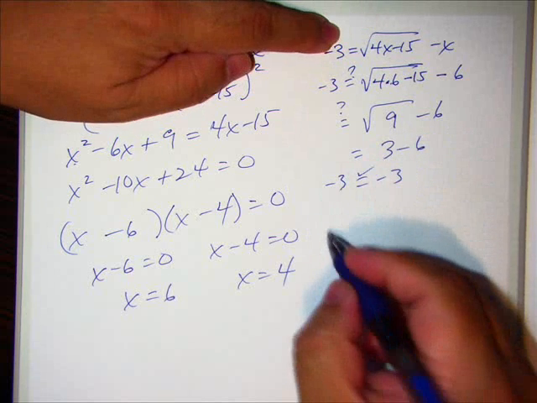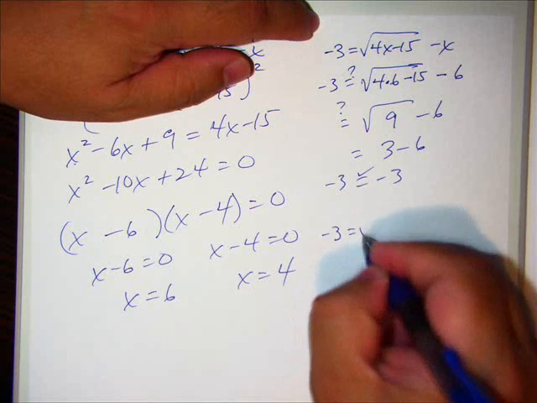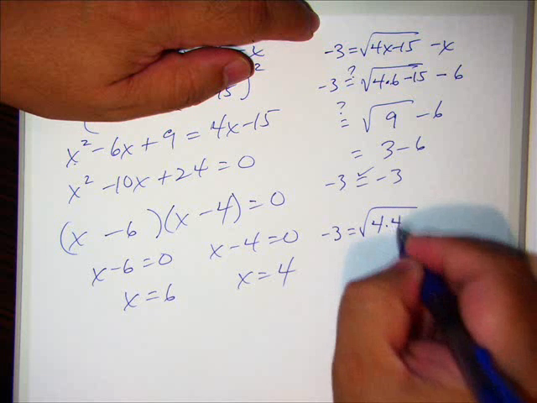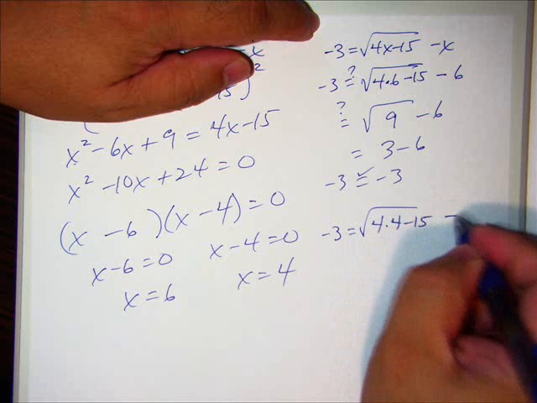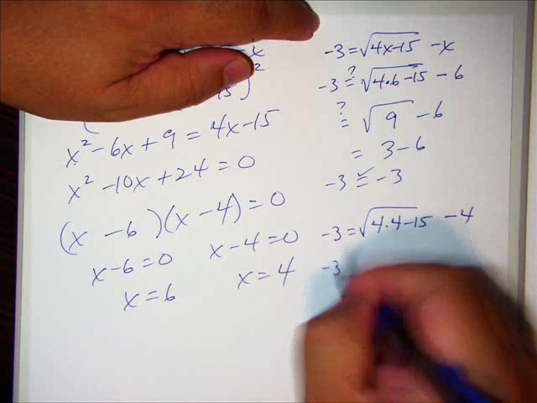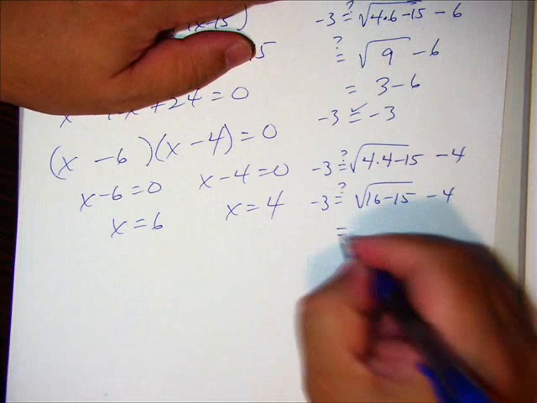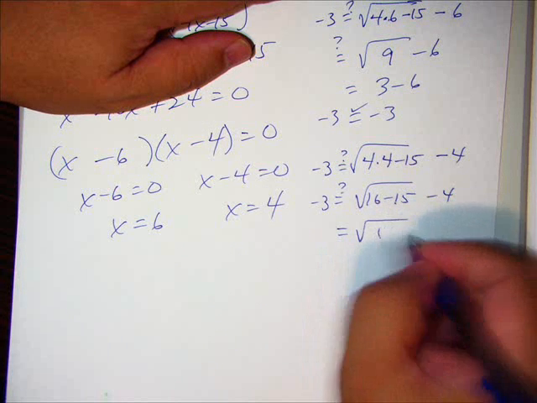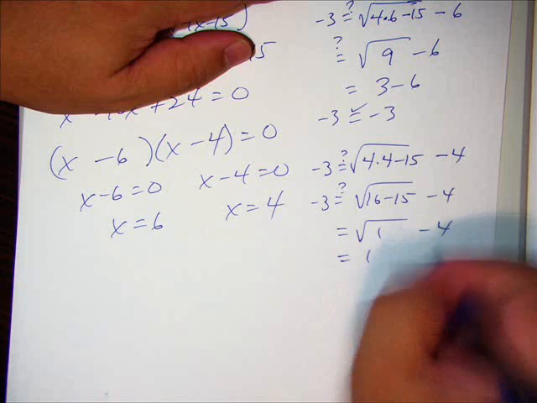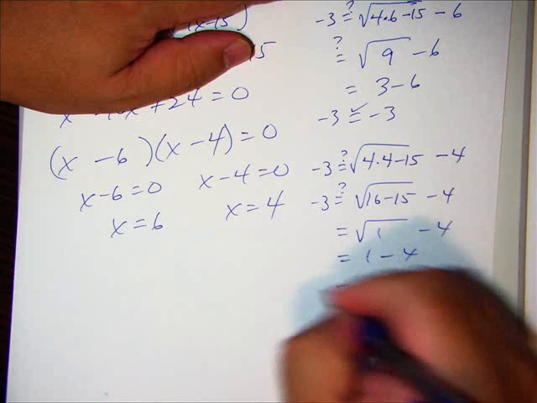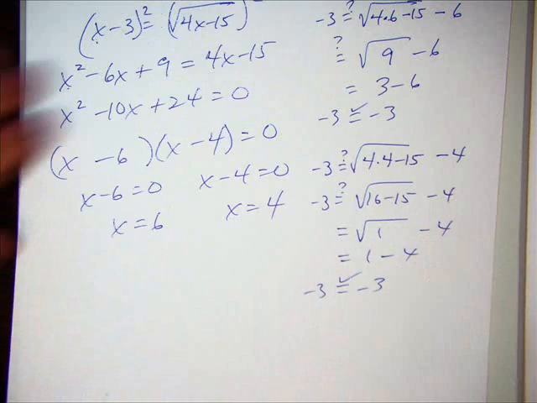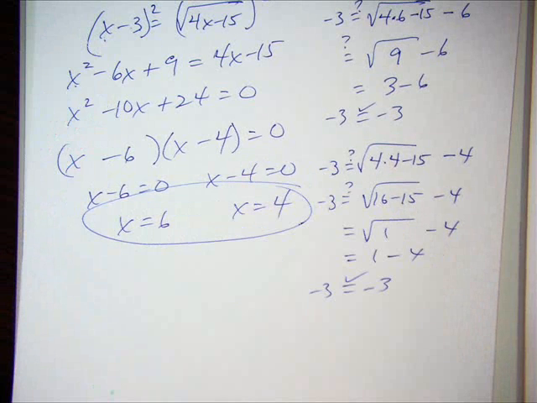That worked. Let's try the other one: the square root of 4 times 4 minus 15, minus 4. That's 16 minus 15, which is 1. Square root of 1 is 1, 1 minus 4 is negative 3. It works again. So both are solutions.